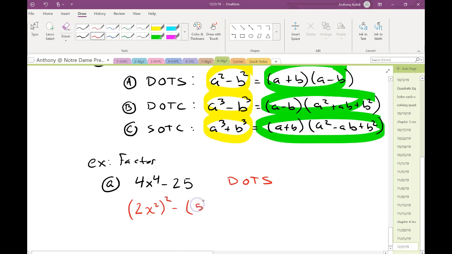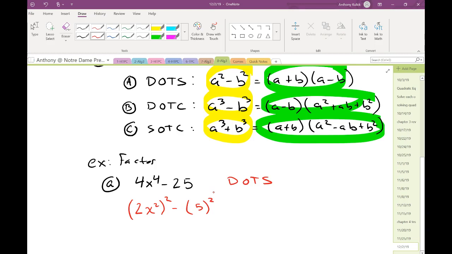And 25 is 5 squared, right? If we write it this way, now it should be clear that this is definitely a difference of two squares. I have something squared minus something else squared. Can we see that now that I rewrote it?